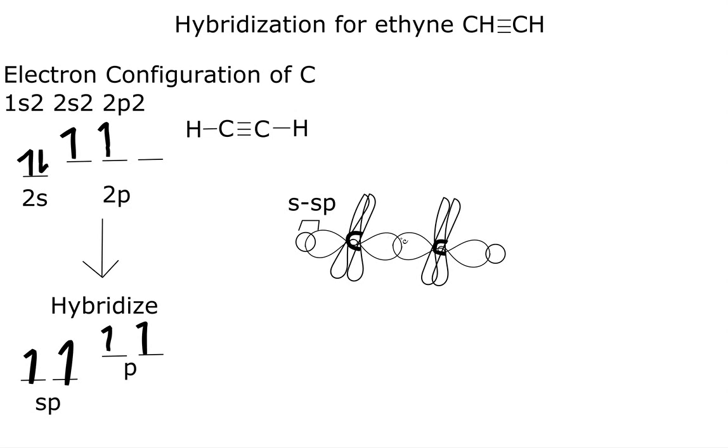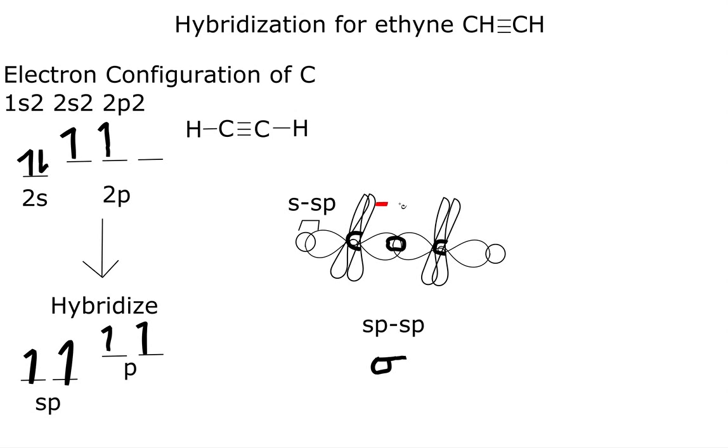So right here in the middle is one of our 3 bonds, and that's a sigma bond. So this middle bond right here is an sp bond and is a sigma bond, and that is denoted by this symbol. It's like a little O with a line. So it's a sigma bond. And these 2 p orbitals, remember, have 1 lone electron in each of them.